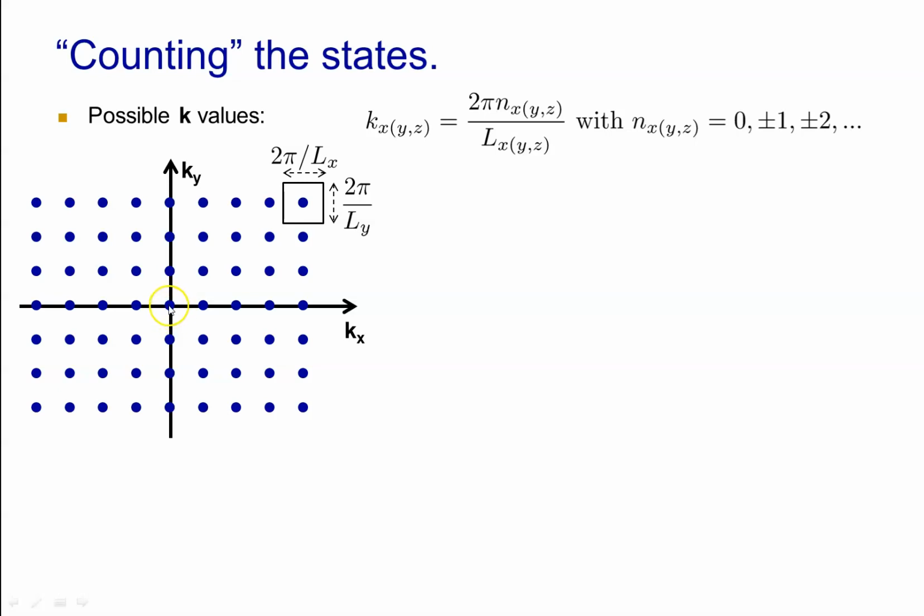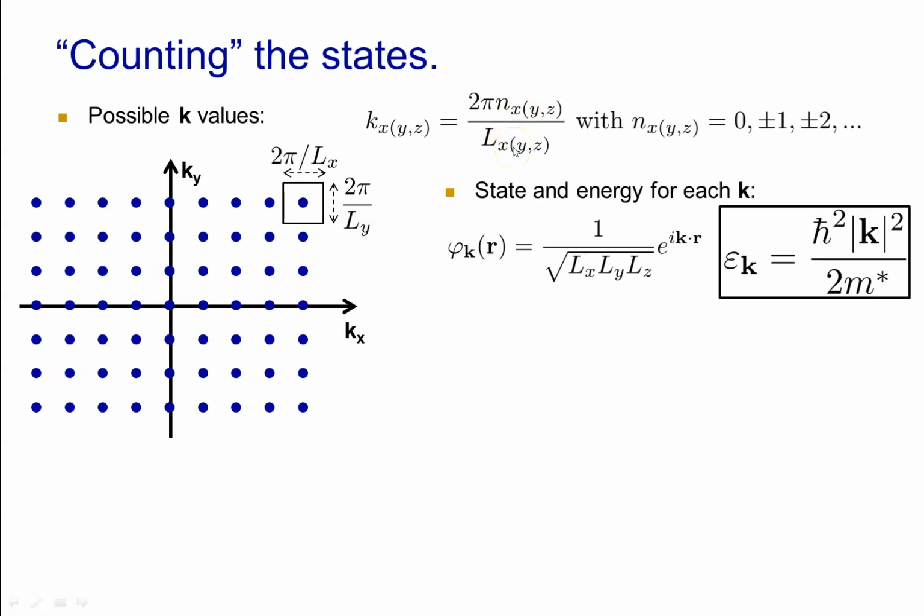I put 2 particles here, one spin up, one spin down. And then I go over to the next energy state, which are these 4 here. Why? Because this is nx equals 1 and ny equals 0, or the other way around, ny equals 1 and nx equals 0.